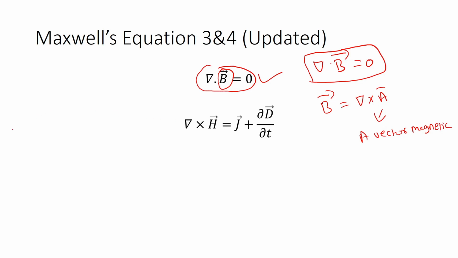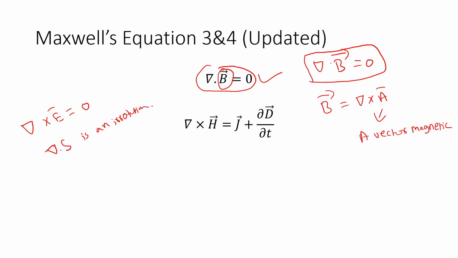But the scalar electric potential is defined from the fact that ∇×Ē is equal to 0. And we know that the gradient of any scalar field is an irrotational vector.